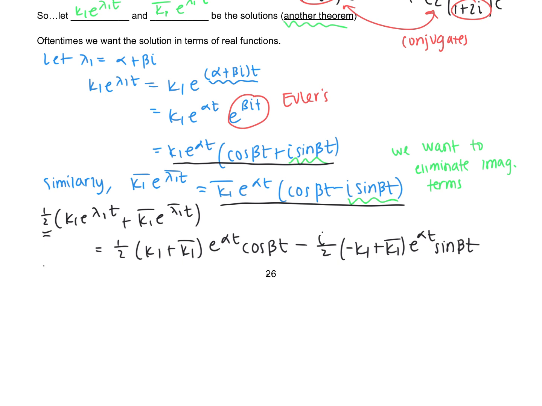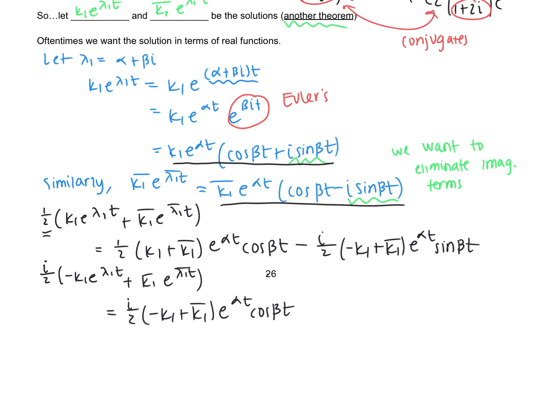Now, what if we did i over 2 times negative k1 e to the lambda 1t, add conjugate e to the conjugate t? What would we get? Well, we would get i over 2 times negative k1, add the conjugate, e to the alpha t cosine of beta t, add 1/2 k1, add conjugate, e to the alpha t sine of beta t.